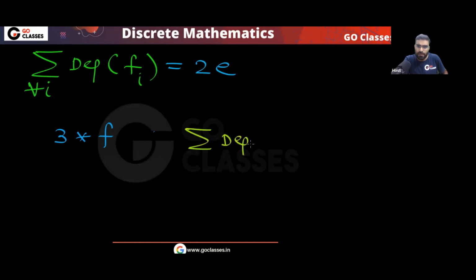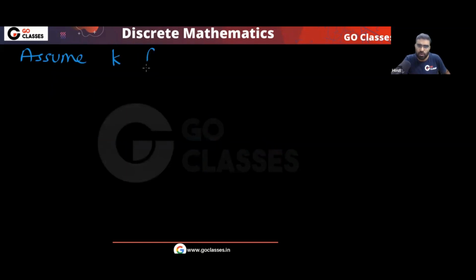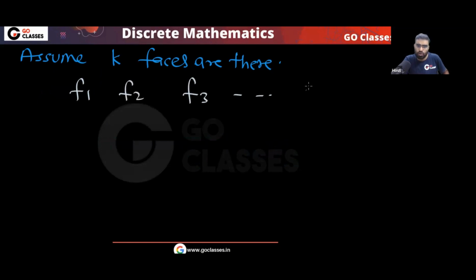Let's assume you have k faces, f1, f2, f3, and so on up to fk. Each face has some degree: d1, d2, d3, and dk.